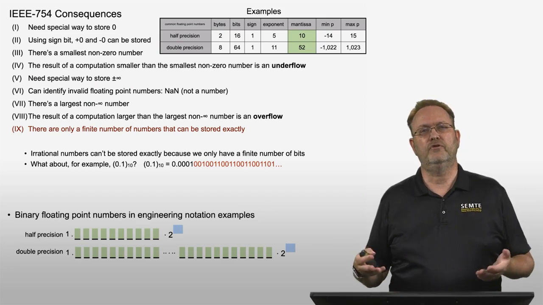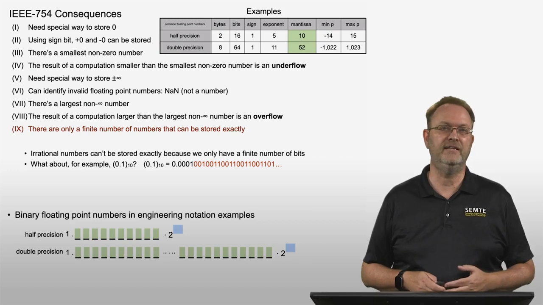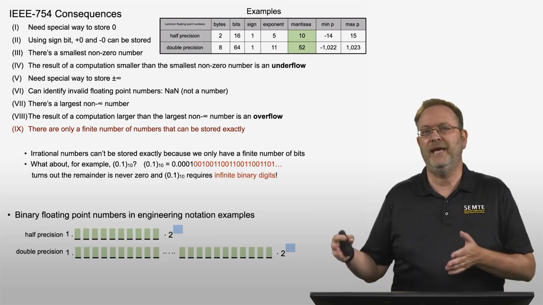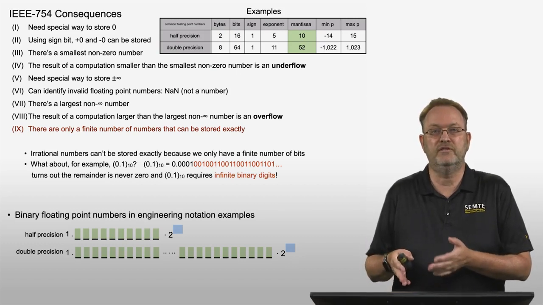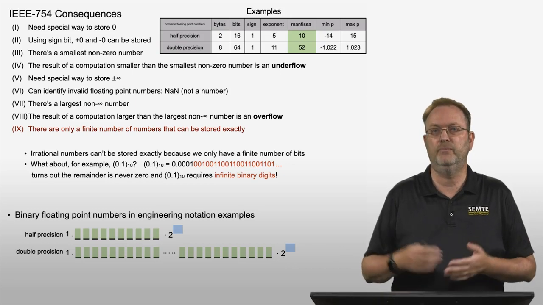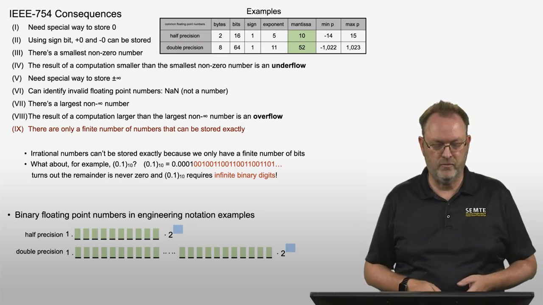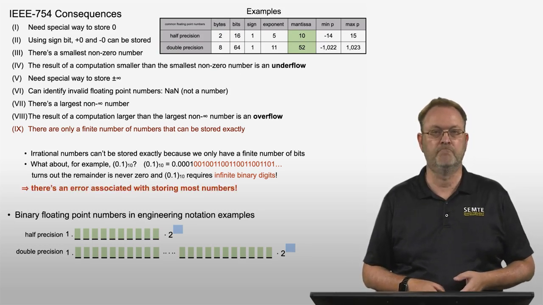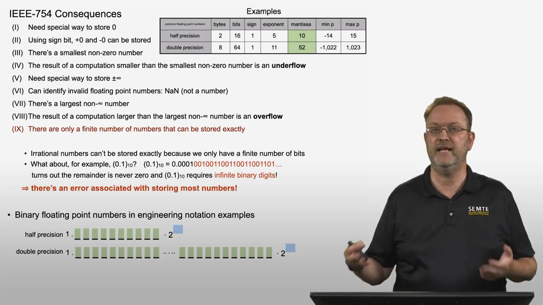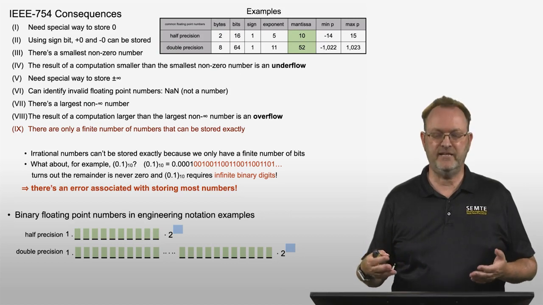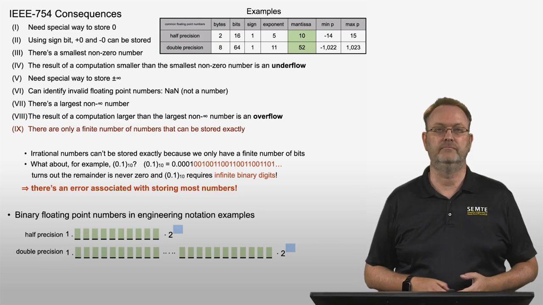Well, it turns out if you try to convert 0.1 to a binary number, you will need infinitely many digits, right? The remainder will never be 0, which means that we cannot store this benign-looking decimal number 0.1 as a binary number exactly. We will make an error when we try to store this number. And in fact, there is an error associated with storing most numbers because they cannot be expressed exactly with the number of mantissa bits that we have available.